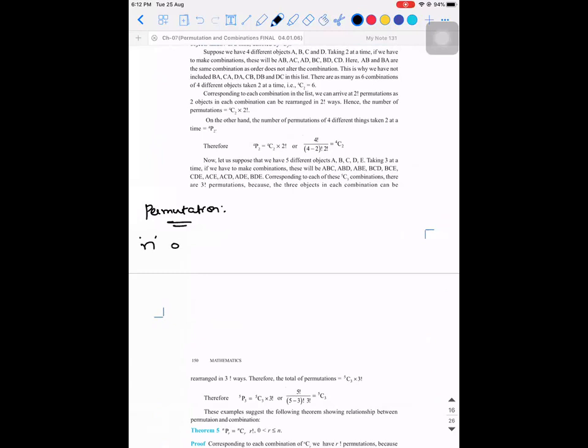If n objects are there in hand, and r objects are to be arranged. I'm repeating it again. You have n objects and all the objects are distinct, and you need to arrange r objects. In how many ways can you do this?